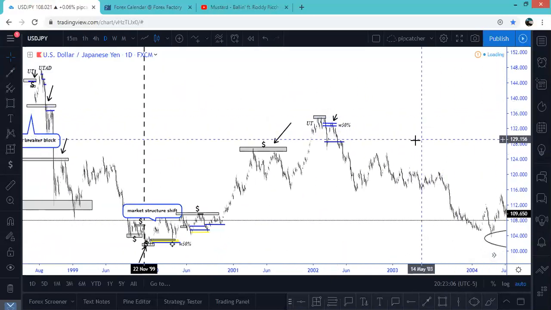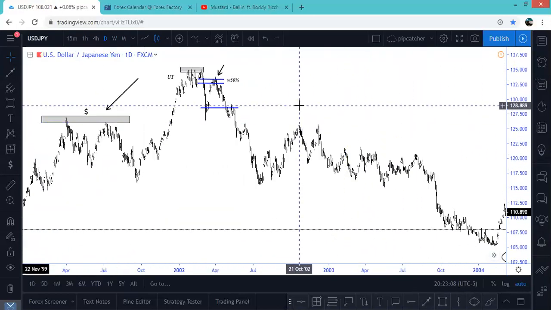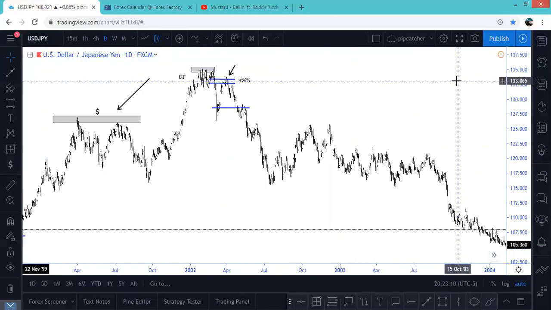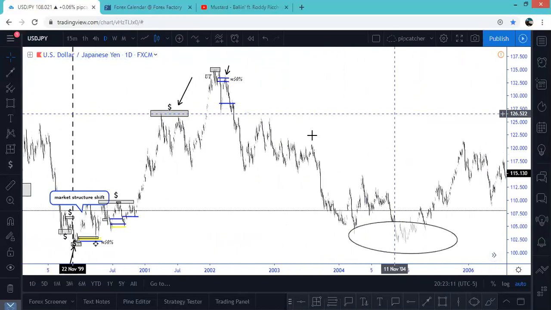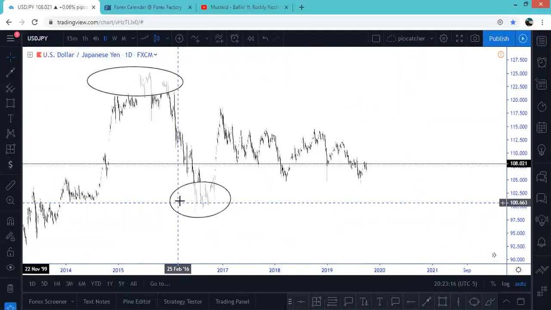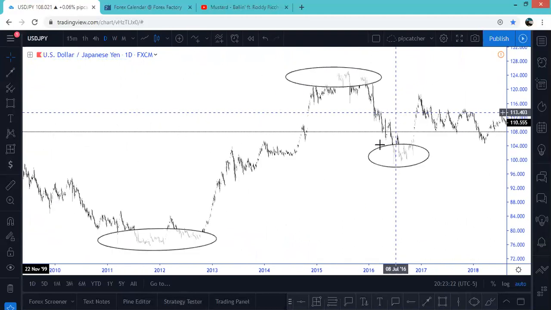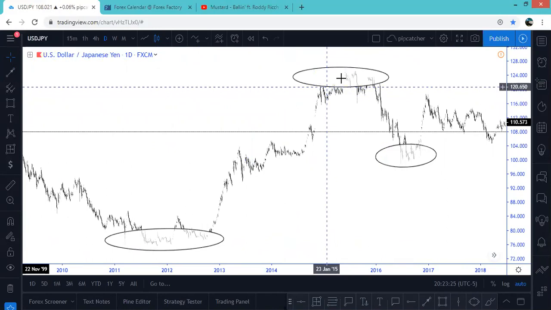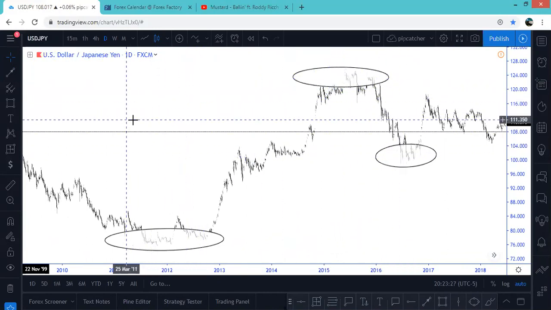I remember on some of these, when we progress forward into these reversal areas, I can go down to the 4 hour and the 1 hour, right?